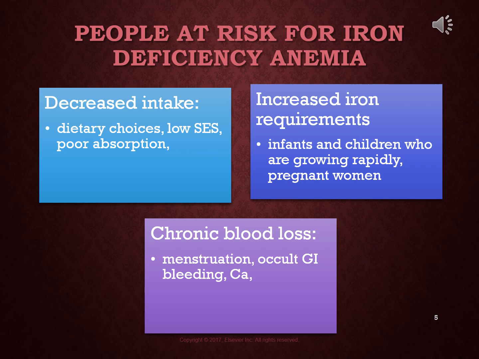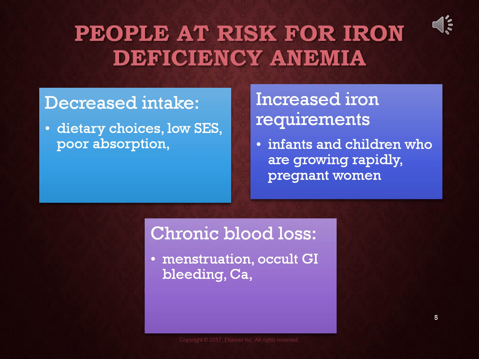I want you to think about the social determinants of health here. Do people have the money to buy food? Do they have access to food in their neighborhood? Do they have transportation to get food? Lots of different reasons why people don't get the iron-rich foods they need in their diets besides just personal preference.